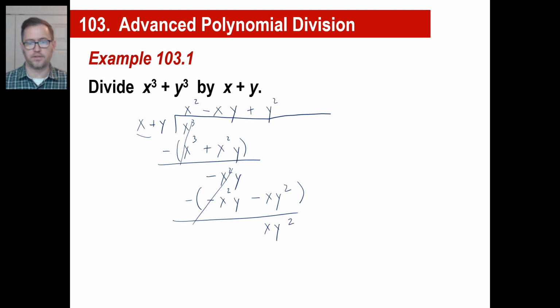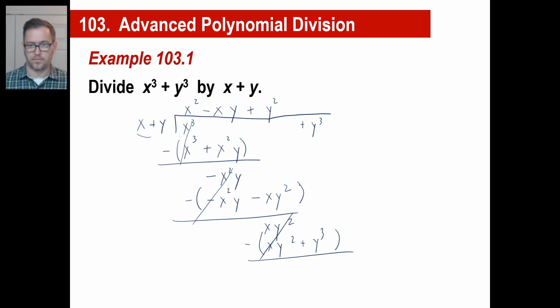Okay, now this is the point where we can go ahead and pull over that positive y to the third power, plus y to the third, stick it there. And we're going to go ahead and multiply again. So y squared times x, of course, will be exactly the same thing. It's always the same. We'll subtract this. And then y squared times y will be y to the third. And when you subtract this, we know that always goes away.